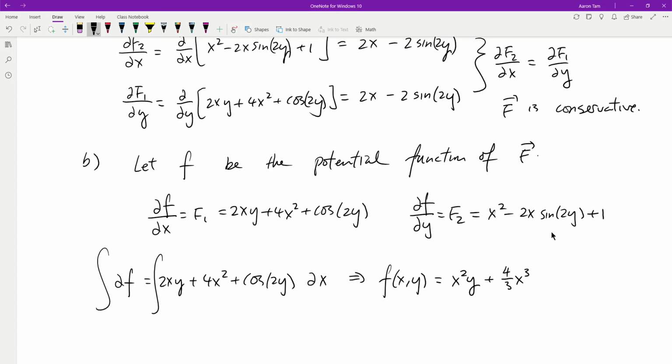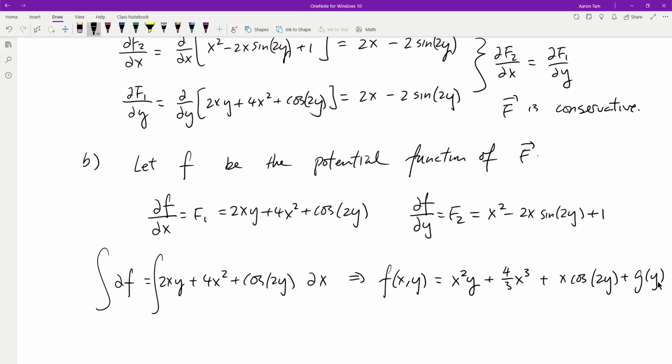Cosine 2y is a constant when I integrate with respect to x, so it becomes plus x cosine 2y. And of course, don't forget, plus some function of y that we don't know, but it is considered constant throughout a differentiation with respect to x.